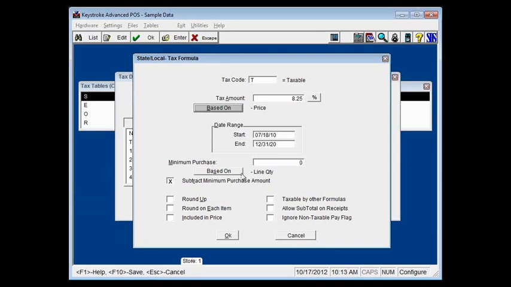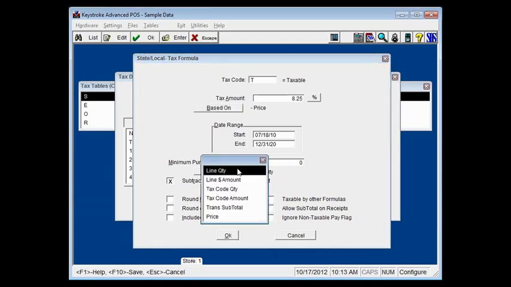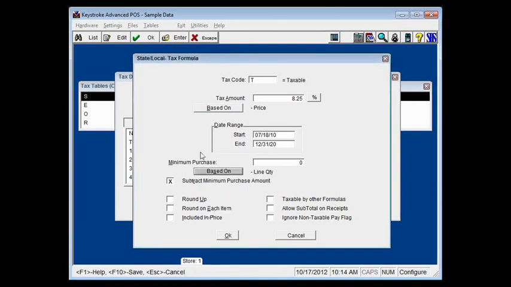Again, this minimum purchase can be based on quite a number of things: the line quantity in sales, a line dollar amount. It could be based on the tax code quantity, the tax code amount, or the dollar amount, or it can be based on the transaction subtotal or the price. And I'll show you how that works when we get into our bottle deposit district and our formulas.